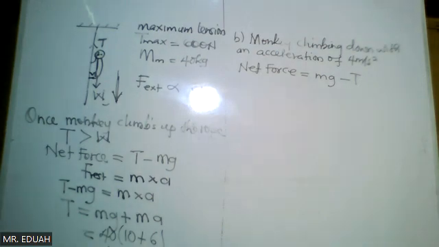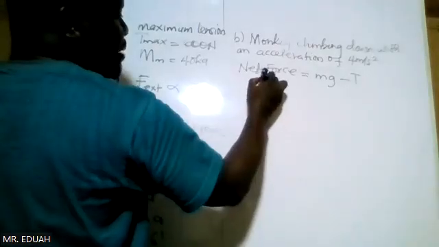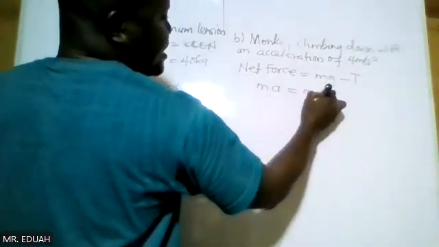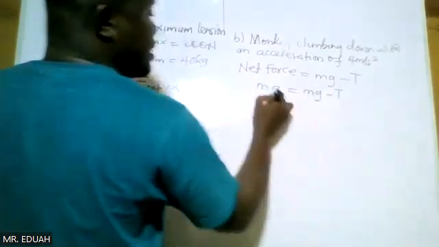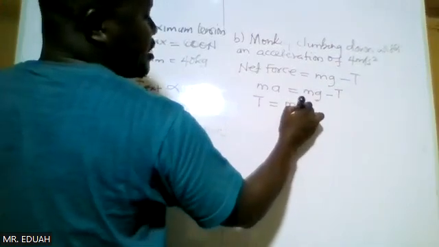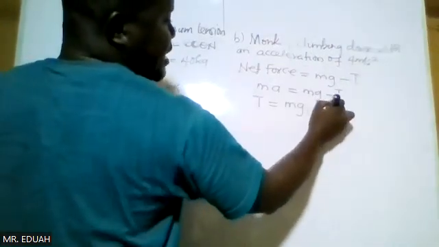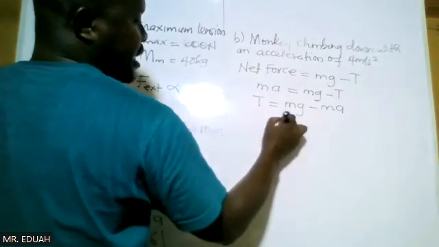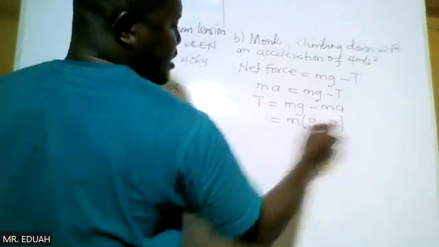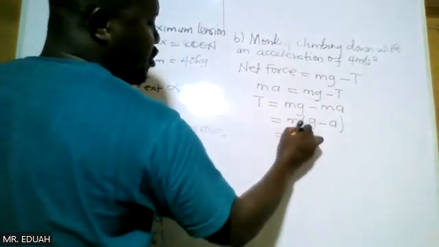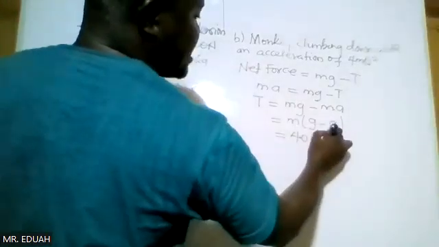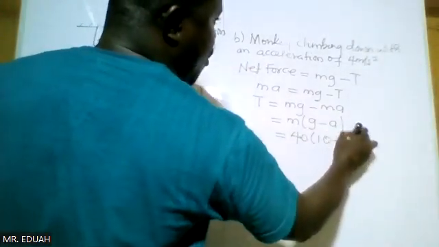Yes, please. So when you substitute ma for this, you have mg minus T. T therefore would be equal to mg minus ma, and m out, g minus a would give us a mass of 40, then gravity 10 minus acceleration of 4.